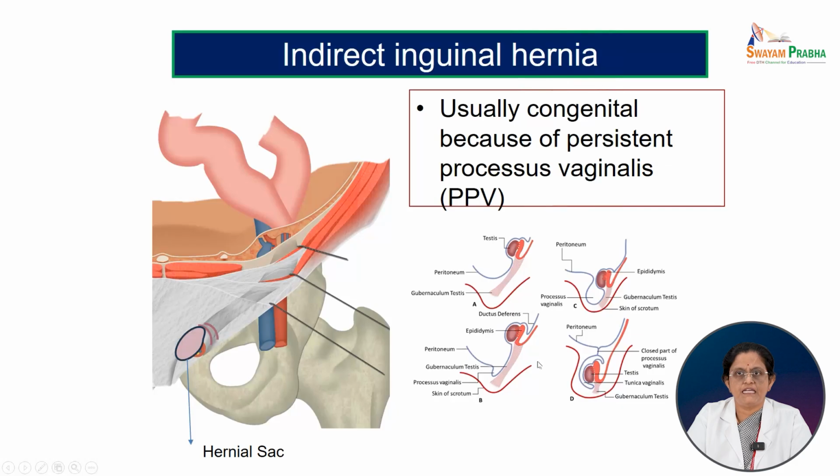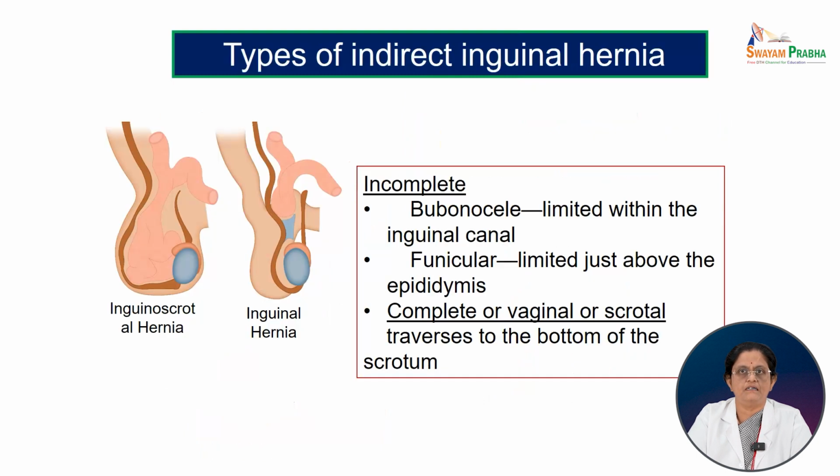Suppose this communication remains patent, that is the communication is still there, the abdominal contents can directly pass into the scrotum. So, you can see that in indirect inguinal hernia, the cause is usually congenital because of persistent processus vaginalis, which should obliterate but remains there. So, that is the cause of indirect inguinal hernia.